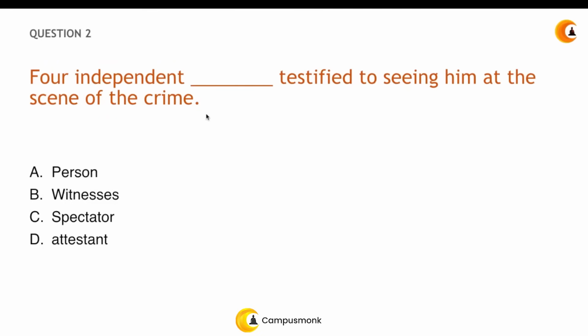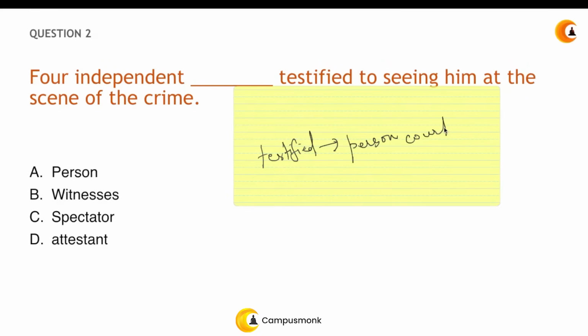So it says four independent dash testified to seeing him at the scene of the crime. Now testified, where is this term used? This term is used when a person appears in front of the court and he is giving his statement. That is when it is said that a person has testified.